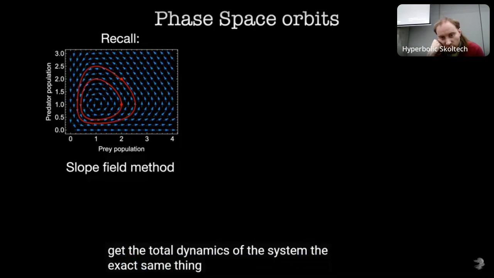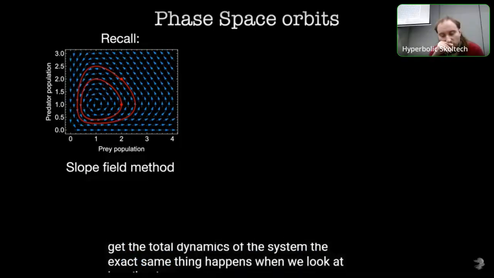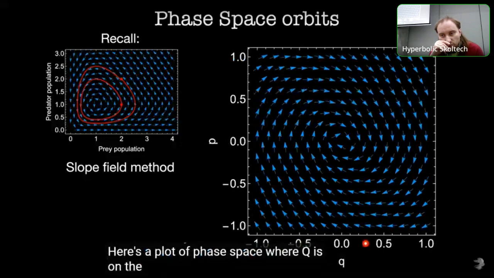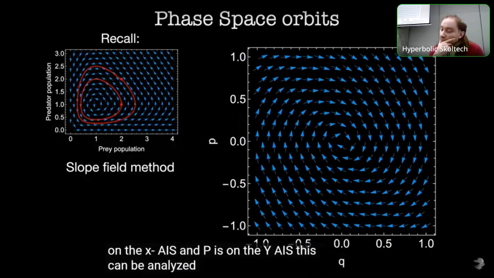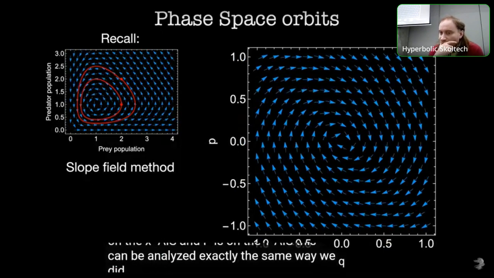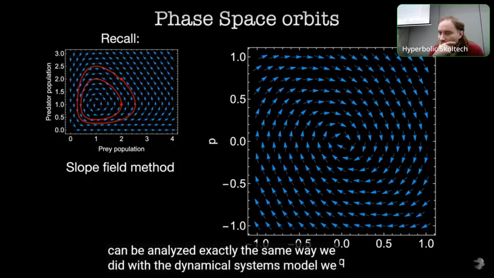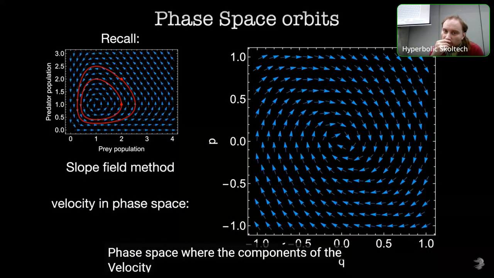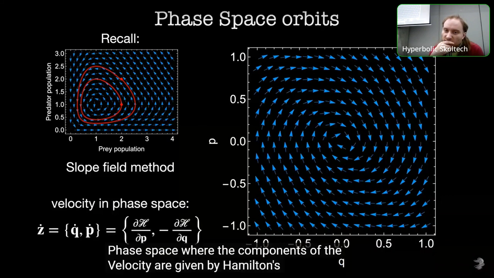The exact same thing happens when we look at Hamiltonian dynamics in phase space. Here's a plot of phase space where Q is on the x-axis and P is on the y-axis. This can be analyzed exactly the same way we did with the dynamical systems model. We treat the vector field as a velocity in phase space, where the components of the velocity are given by Hamilton's equations.